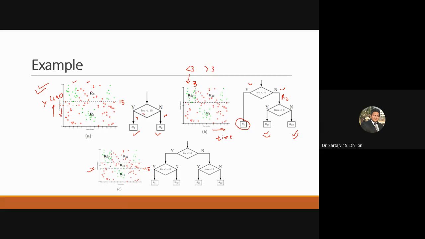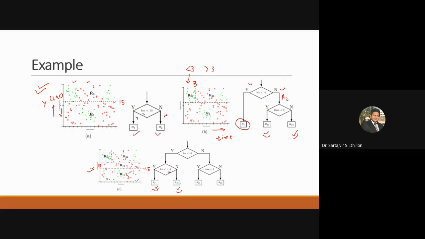So 15 is the reference point. Here you can see that if it is less than minus 15, then we say it is region 1,1. If it is not less than minus 15, then we say it is region 1,2.